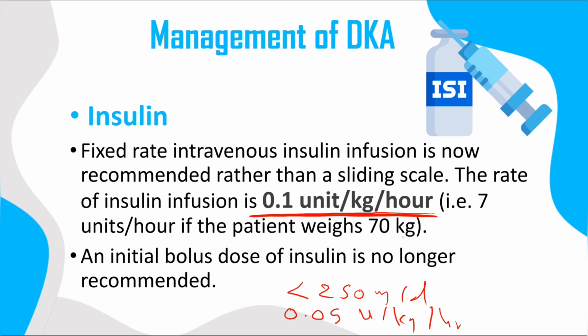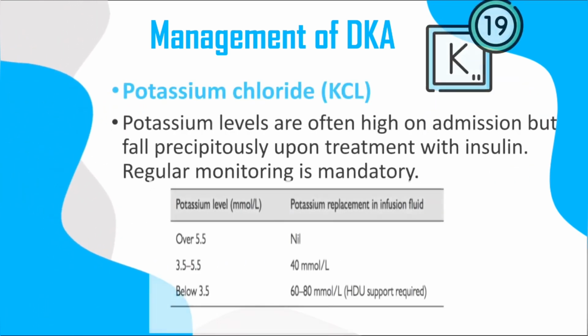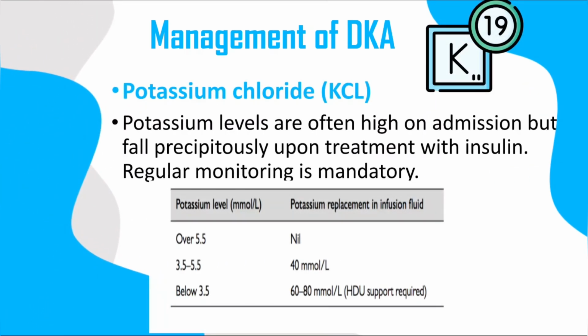For example, in a patient with 70 kg, the patient should be started on 7 units per hour. But if the glucose level is less than 250, you have to make it 3.5 or 3 units per hour. So you reduce the dose. An initial bolus dose of insulin is no longer recommended. Previously, the patients were given an initial bolus.